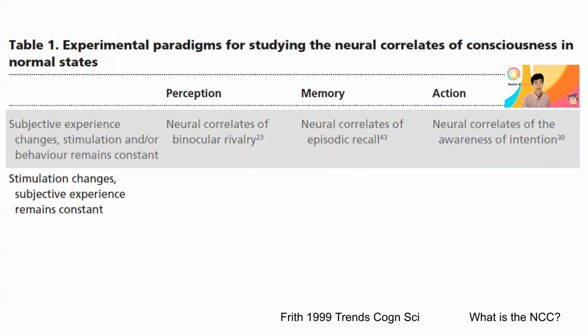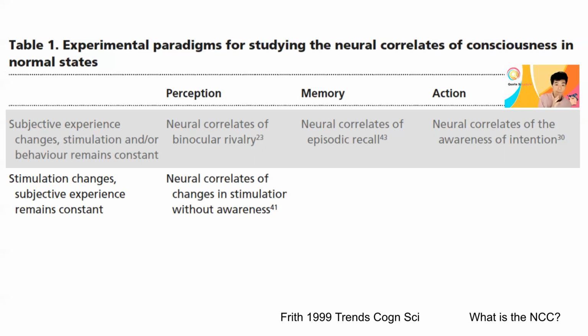And then this can be done for other types. Here, stimulation itself can change, but the subjective experience remains constant. In the case of perception, for example, many non-conscious stimulation paradigms are exactly like this. Last week we looked at the Stanislas Dehaene Nature Neuroscience paper, where in some trials there was a masked word, and in other trials there was a masked nothing.